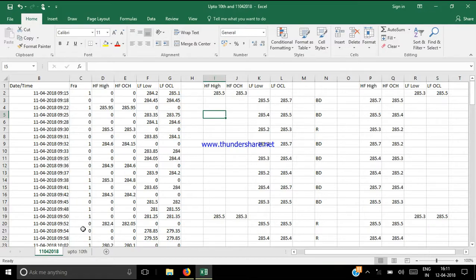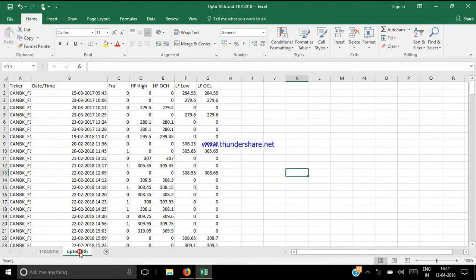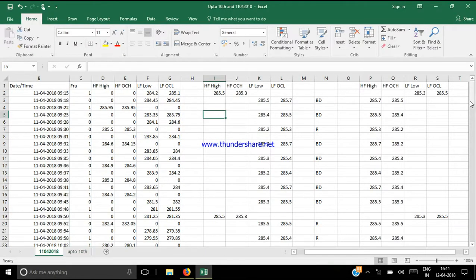Once it is appended, then the remaining values will get pasted here, and again the data here gets appended. So it needs to be done in two steps, but the basic idea, the basic rule, is the same.